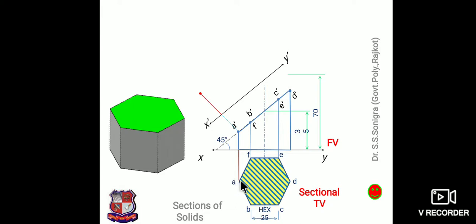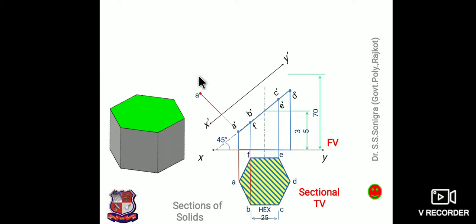Measure this distance, take it as a radius, this point as the center, and draw an arc, and here is point A. I repeat: measure the distance from the xy line to point A, take this distance as a radius, this point on the x dash y dash line as the center, and draw an arc. So this distance and this distance are the same, and locate point A.